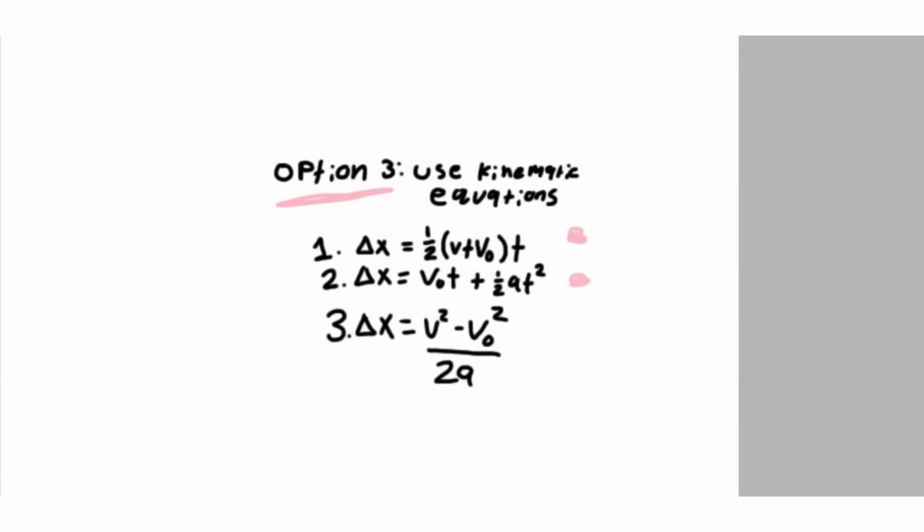The second one down here is going to be displacement is equal to initial velocity times time plus 1/2 times acceleration times time squared. I know it sounds like a lot. And then the third one, which is a little bit unique, is delta x is equal to final velocity squared minus initial velocity squared all over 2 times acceleration.